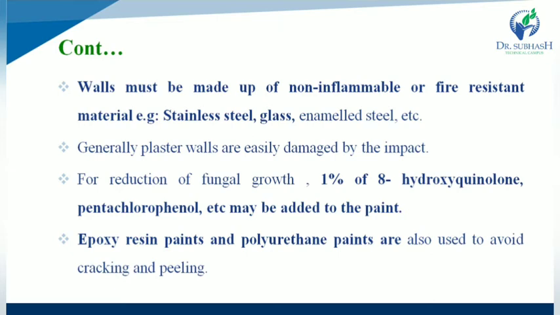Both act as antimicrobial agents, and when they are added to the paint for wall painting, they reduce microbial growth. Epoxy resin paints and polyurethane paints are also used to avoid cracking and peeling.